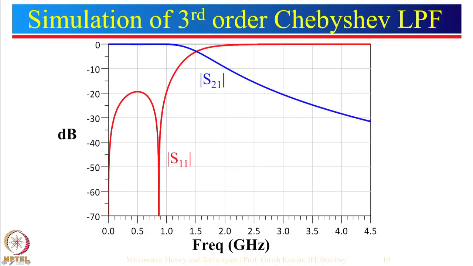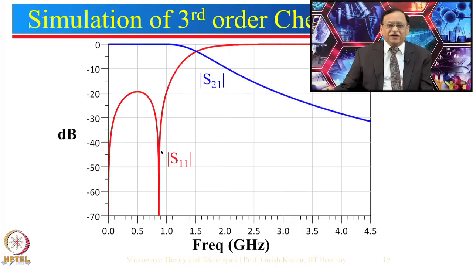Now, this is the response for S11. You can see that this response is slightly different than the maximally flat. In case of maximally flat, S11 actually looked like this, but over here this value corresponds to minus 20 dB. This minus 20 dB corresponds to the ripple at this particular point.